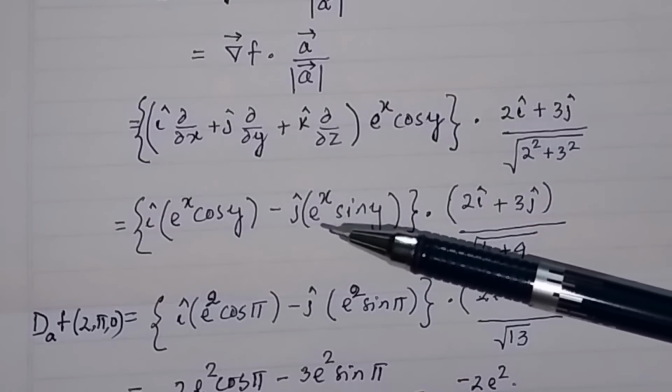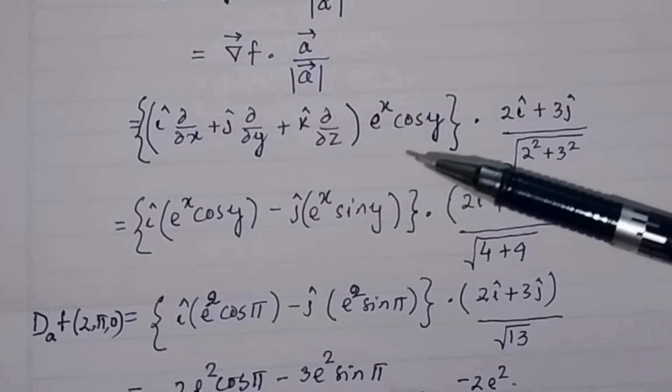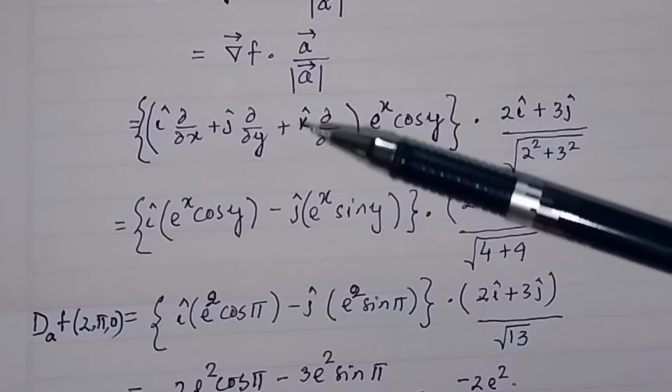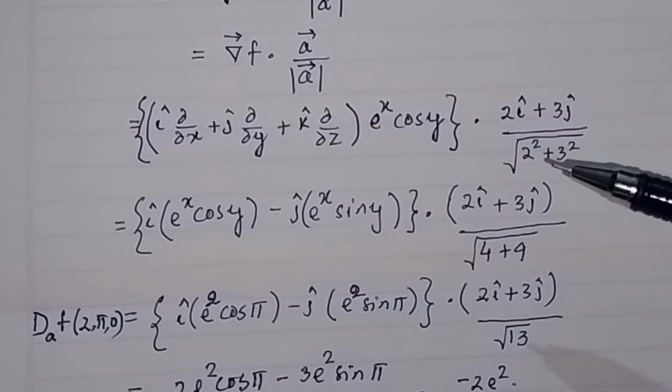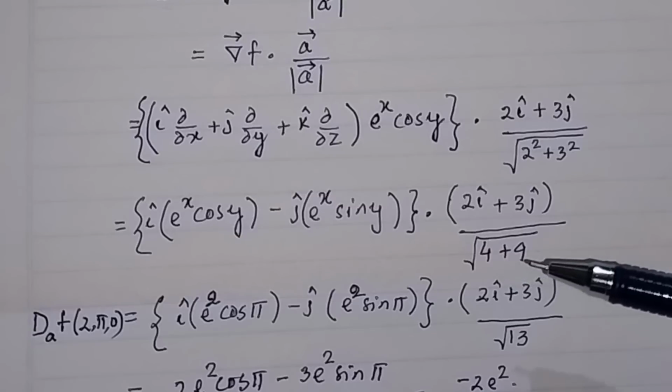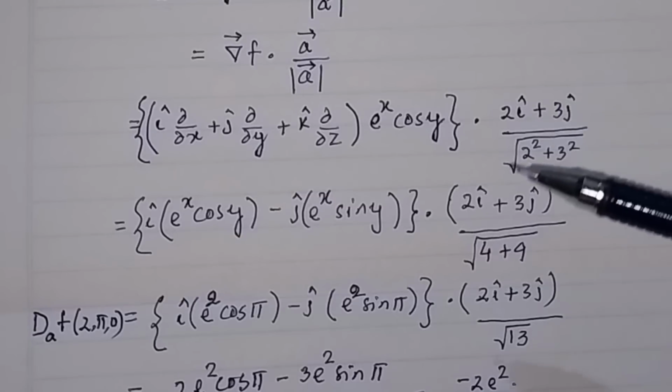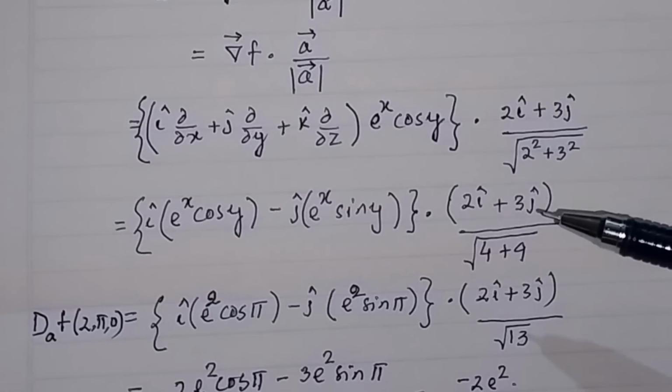So j cap e to the power x sin y. Since there is no z component, this component has no value. Solving 2 squared plus 3 squared, that is the square root of 4 plus 9, and in the numerator you have 2i cap plus 3j cap.